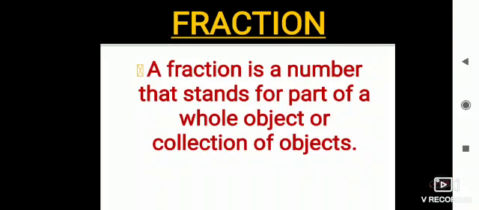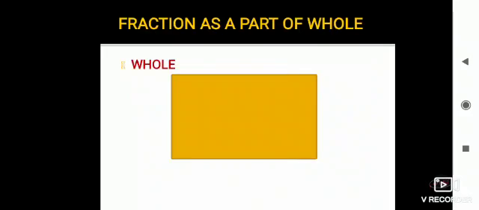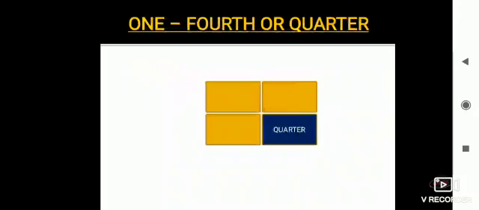Let's understand this definition with the help of this example. This is a rectangle which is whole. If we divide this rectangle into 4 equal parts, then each part is a fraction and each part is known as a quarter.